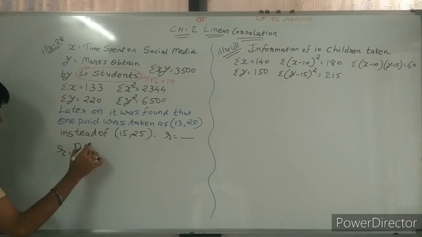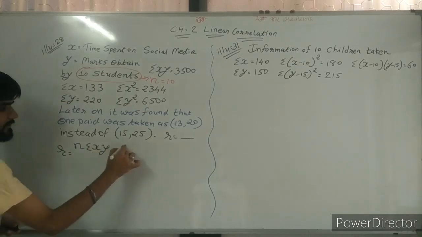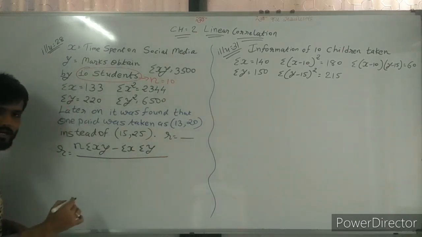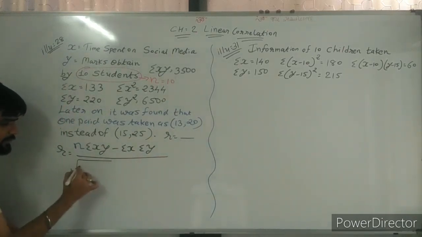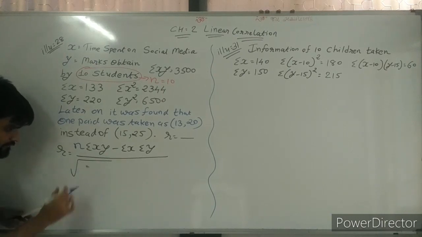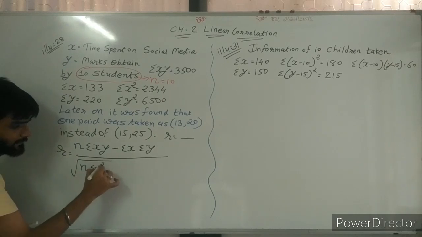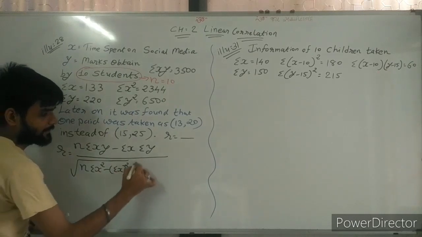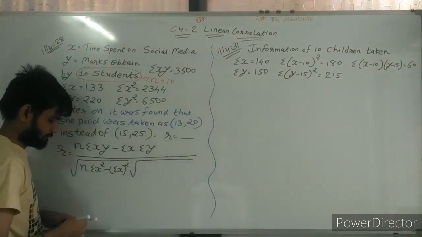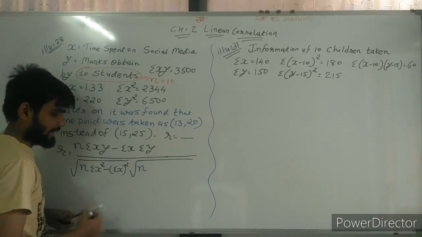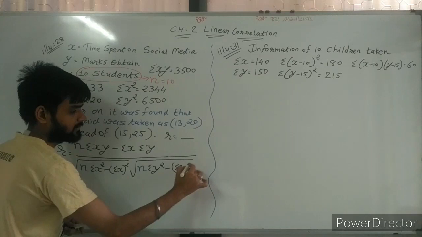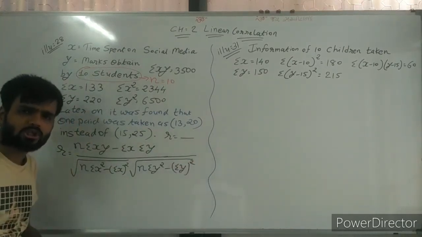So r is equal to n sigma xy minus sigma x sigma y, divided by under root n sigma x square minus sigma x whole square, second under root n sigma y square minus sigma y whole square.